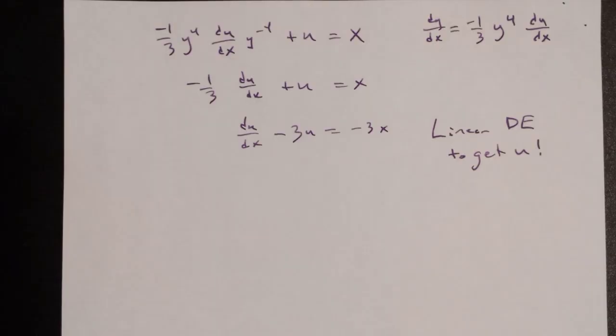I'm going to leave room. You should leave room to finish this. You need about another 8 or 9 lines to do all the calculus. Find the integrating factor, e to the integral p of x, do the integration by parts on the right-hand side. You can do this.